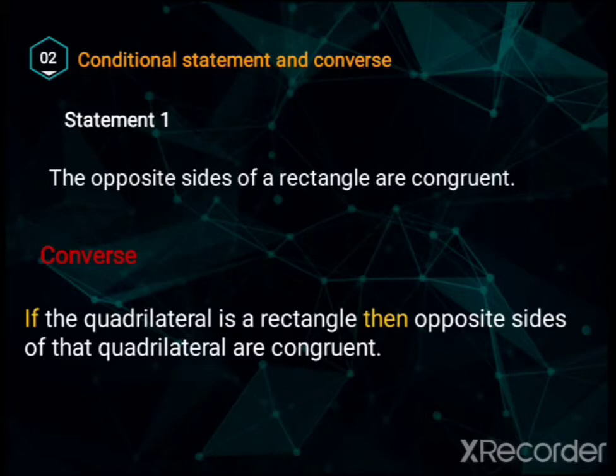It is not necessary that if a conditional statement is true, then its converse has to be true. It means opposite sides of a parallelogram are also congruent. So this converse is not true for this statement. It is not necessary to be true.